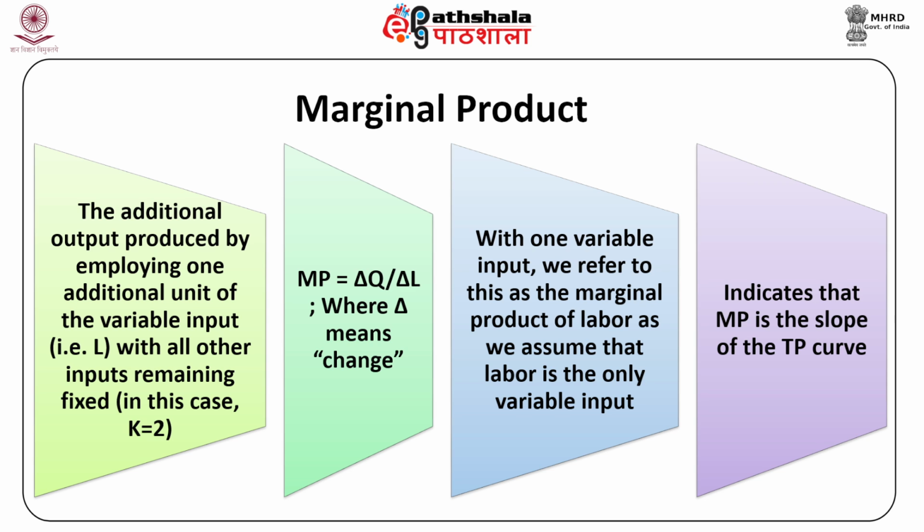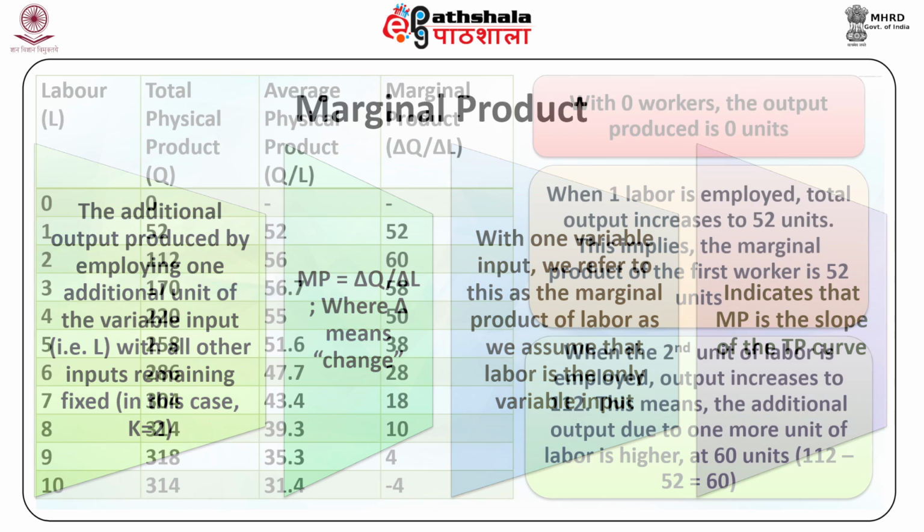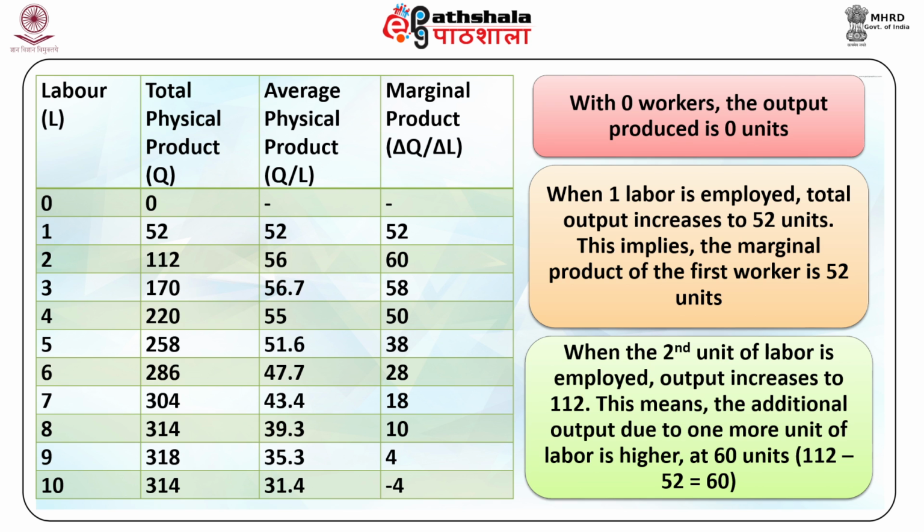In this situation with one variable input, we refer to this as the marginal product of labor as we assume that labor is the only variable input. The above equation shows that MP is the slope of the total output curve, that is TP curve. The concept of MP can also be understood from table 2.